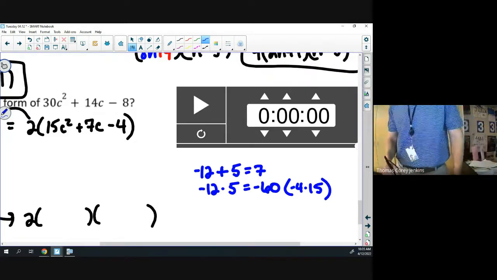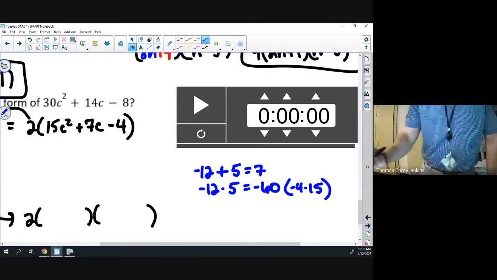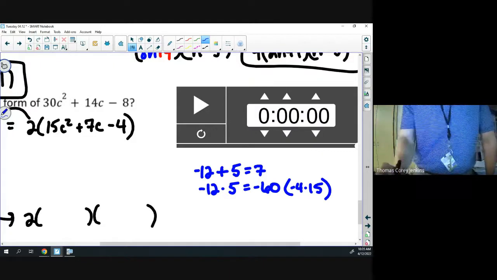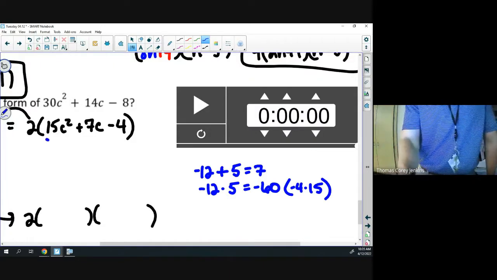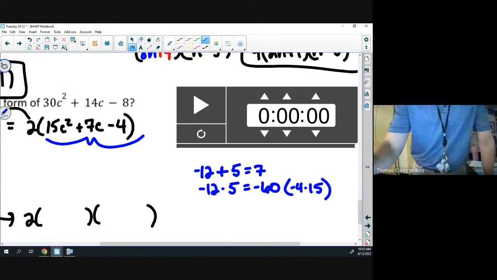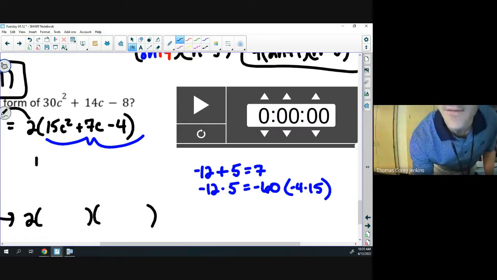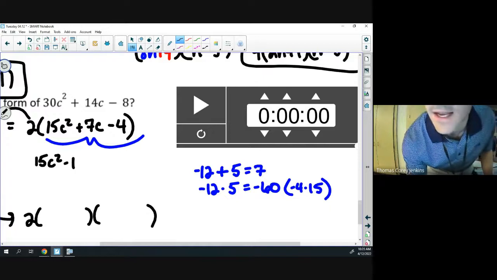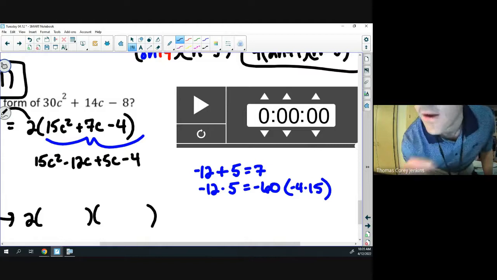So thanks for bailing me out there, Avery. All right, so once we have that, remember we're ignoring the 2. We know that's part of our final answer, and we're just looking at this part here. So we just make it a 4-termer. So 15c squared minus 12c plus 5c minus 4.